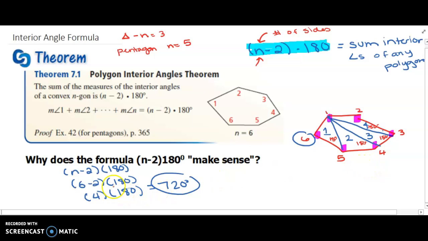So this n minus 2 is the number of non-overlapping triangles, and the 180 is because every triangle adds to 180. I don't know, just something cool. That's where that formula came from. But nevertheless, this n minus 2 times 180, know it, know it, know it.